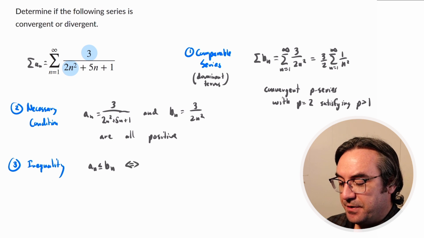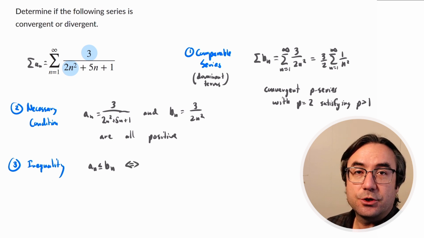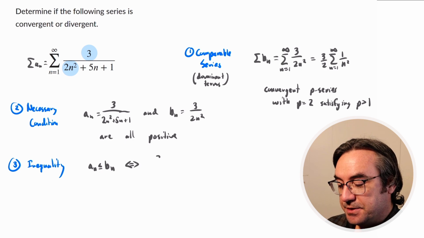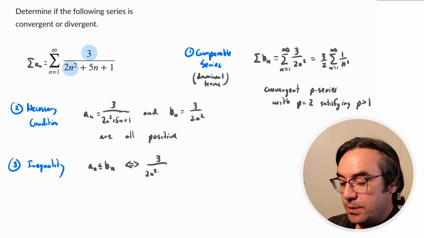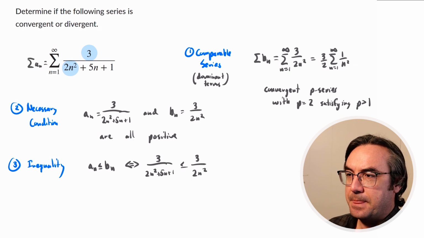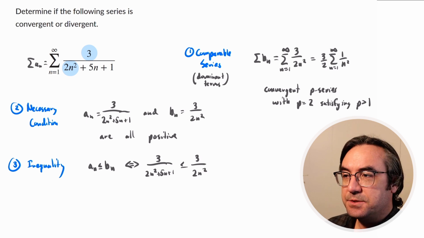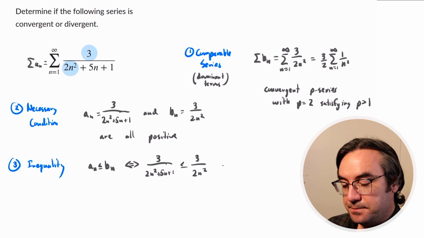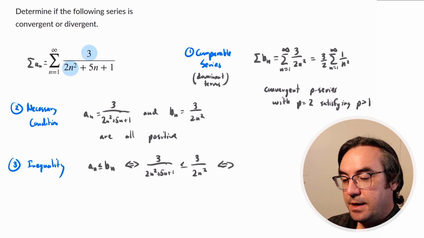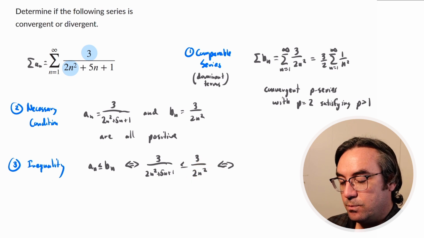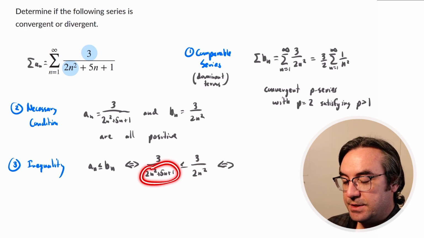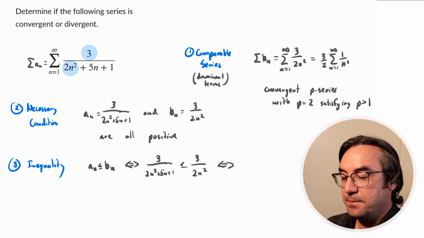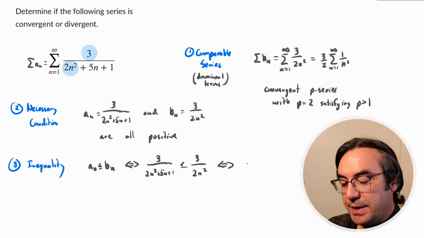All right, so we want to prove this. So let's start by filling in what our terms are. So an is 3 over 2n squared plus 5n plus 1. That's going to be less than or equal to 3 over 2n squared. Again, not so obvious at this point. So let's cross multiply. Let's take the 2n squared and multiply it over here, and then we'll take this whole thing and multiply it over here. So what do we get?